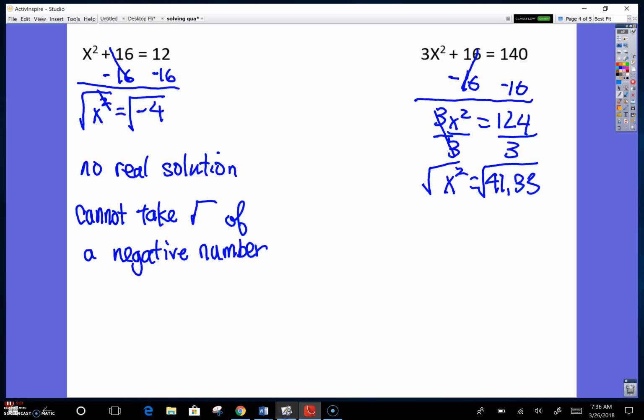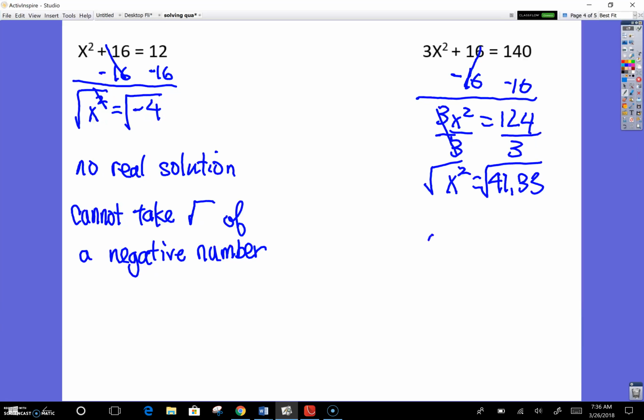Remember, even though our calculator says 6.42, it is always a plus and a minus. So our answer is x is equal to 6.42 or negative 6.42.